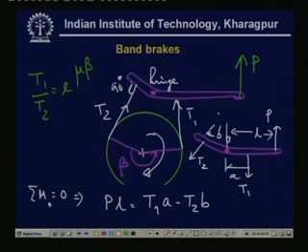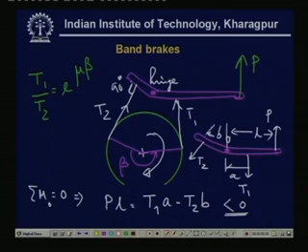So, it may so happen that T2 B is greater than T1 A. If this term becomes positive, then of course, our chosen direction is right, and if it becomes negative, consider the case when this is negative. Normally this is positive, but if this is negative, then what happens?